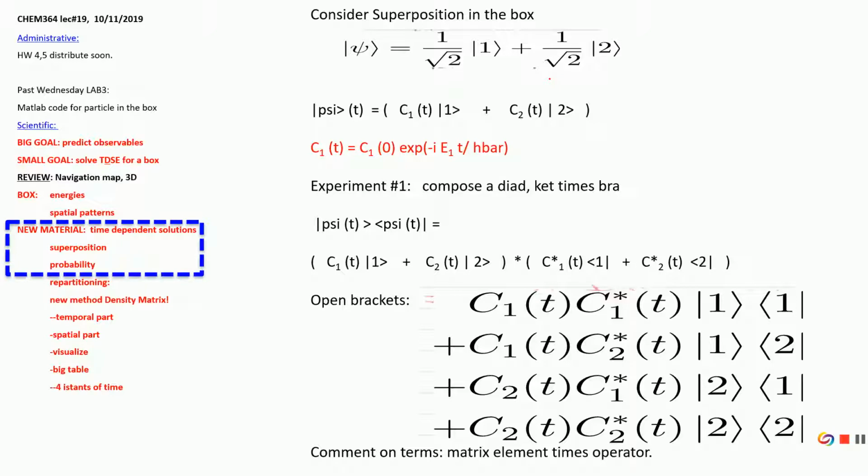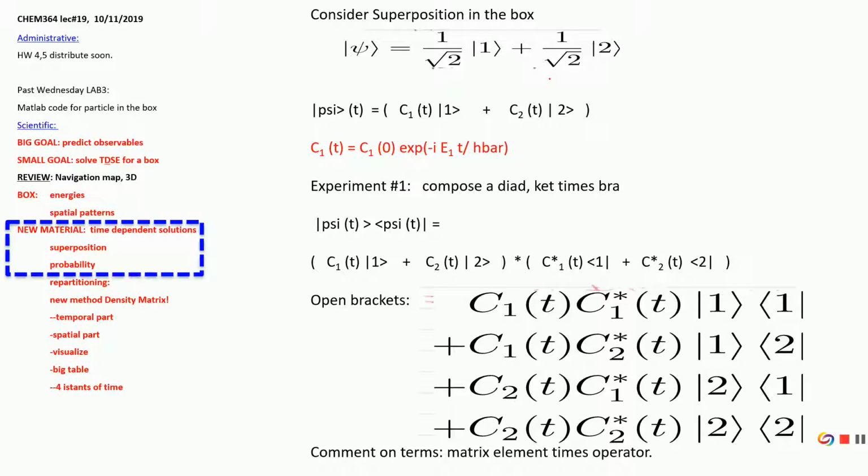So let's look at the teaching that was offered to us by Yun at his last slide. If you multiply ket times bra, then you convert a vector into a matrix.